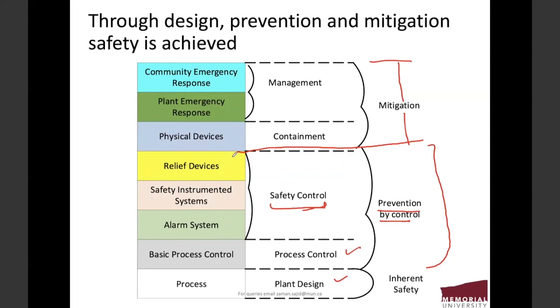Since the material has been released into the atmosphere at this point, we try to reduce the consequences of that damage. It will involve containment of the material in the dikes, which are physical devices, or it could be the plant emergency response, and it could be a community emergency response.